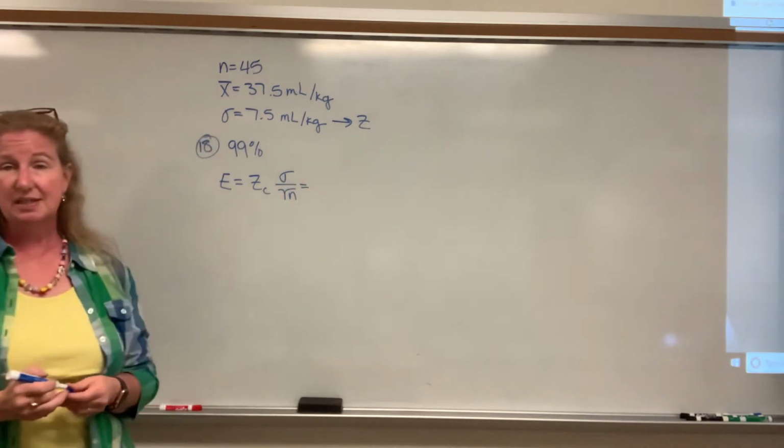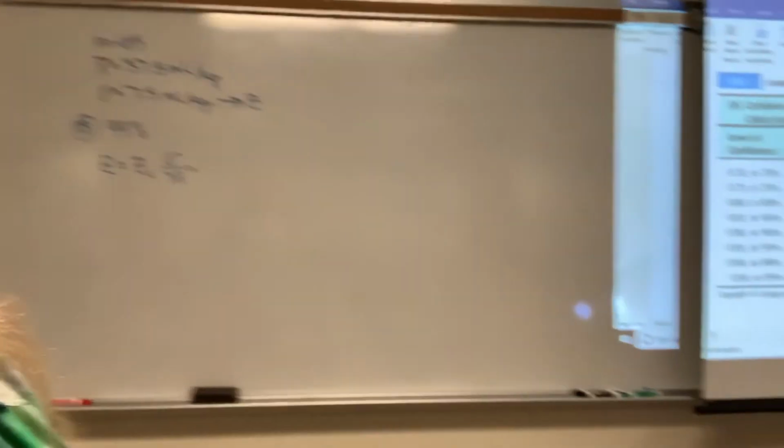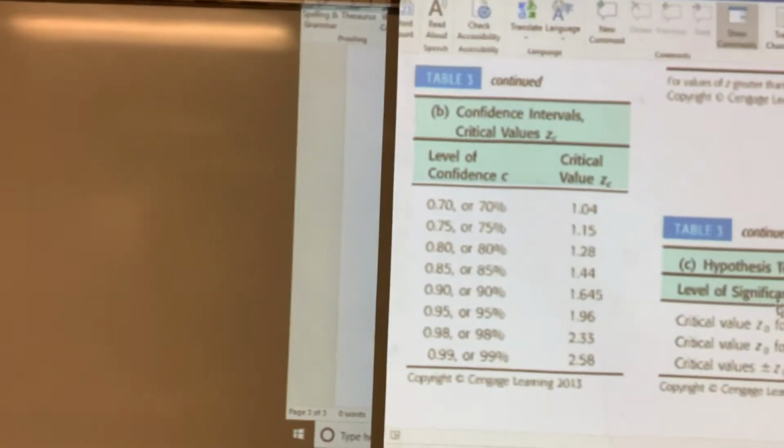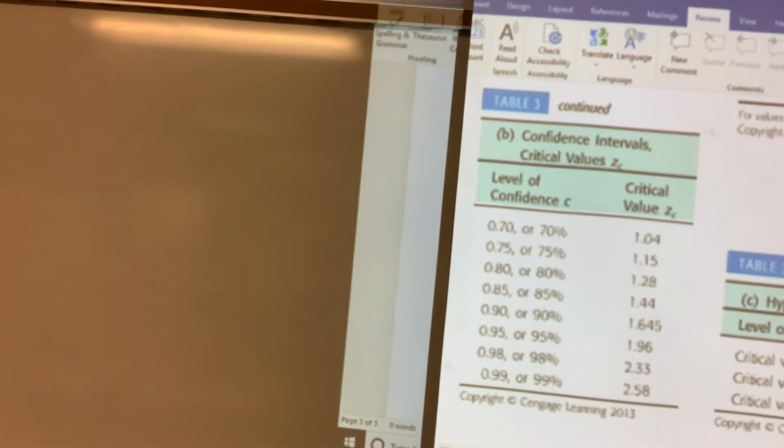How do I get that Z sub C? Let's flip over to my handy dandy Z chart. If I scroll all the way to the bottom, I find this handy dandy little chart. And 99% is 2.58.